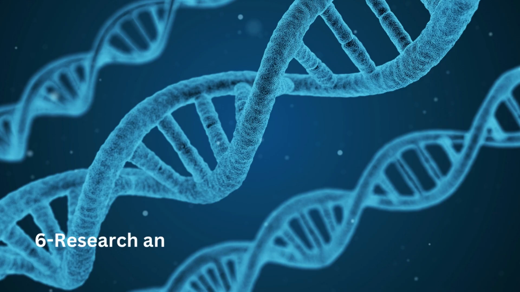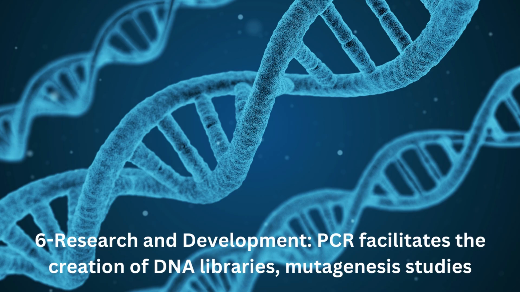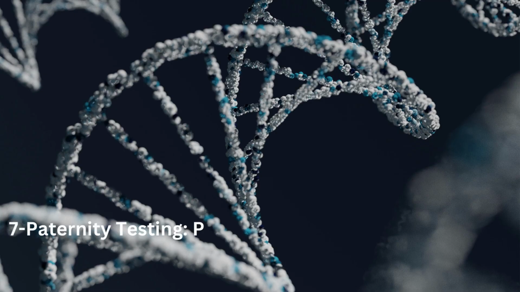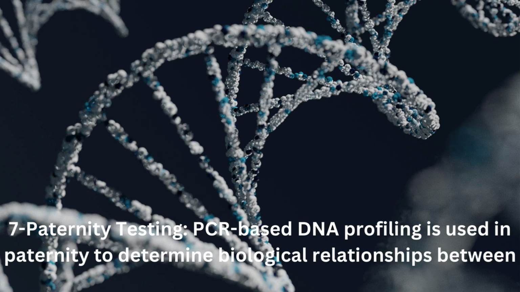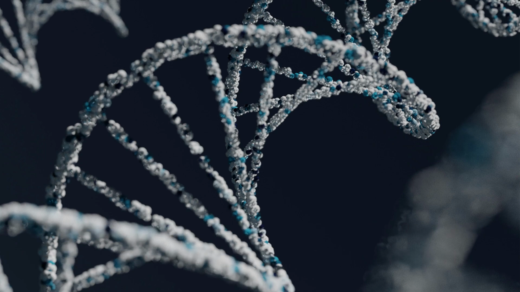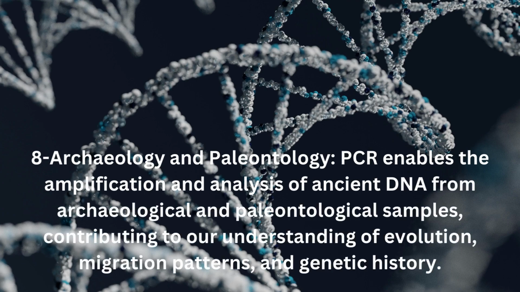Research and development. PCR facilitates the creation of DNA libraries, mutagenesis studies. 7. Paternity testing. PCR-based DNA profiling is used in paternity to determine biological relationships between individuals. Ancient DNA from archaeological and paleontological samples, contributing to our understanding of evolution, migration patterns, and genetic history.